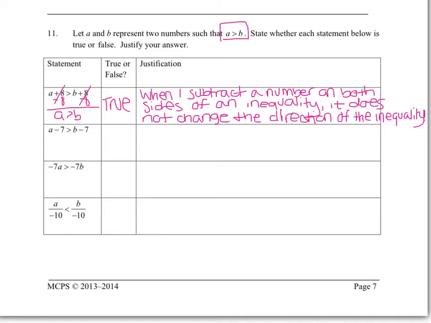All right, with A minus 7 is greater than B minus 7, I'm going to add 7 on both sides. I'm going to see that these are going to cancel out, and I'm left with A is greater than B, which again is true.